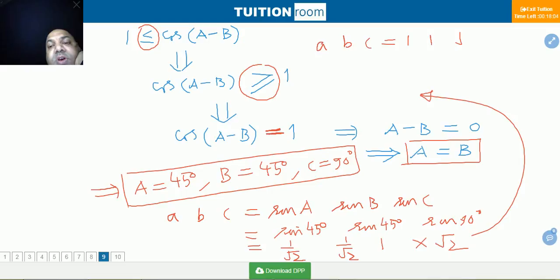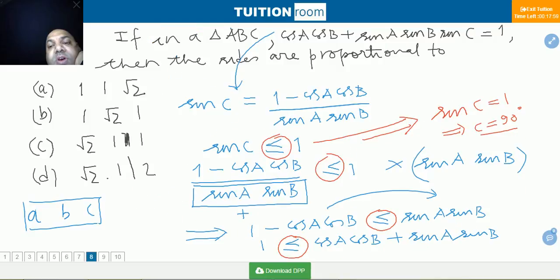Very interesting question. This is the correct answer. Now guys, copy it, then I will move on to the next problem.